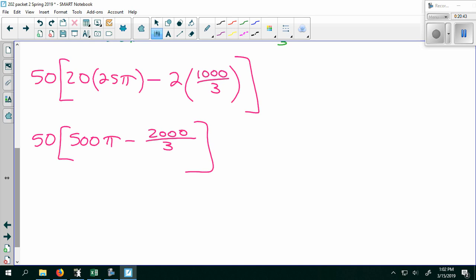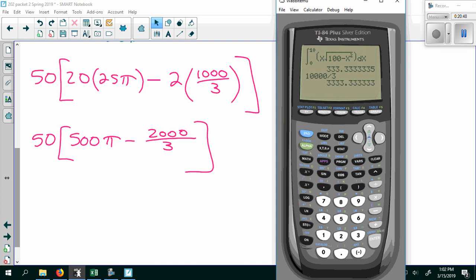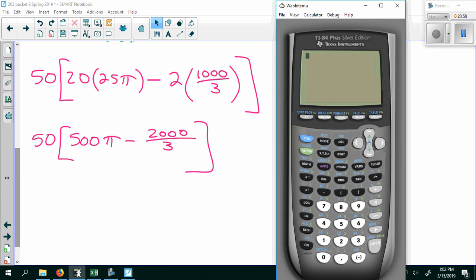All right, now it's time to just type all this into a calculator. 500 pi minus 2,000 thirds. I have to multiply all that times 50. And I get 45,206.48, which is the answer we got when we integrated using the calculator. 45,206.48.